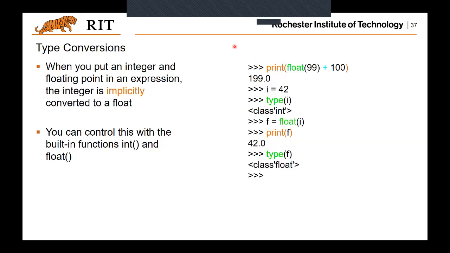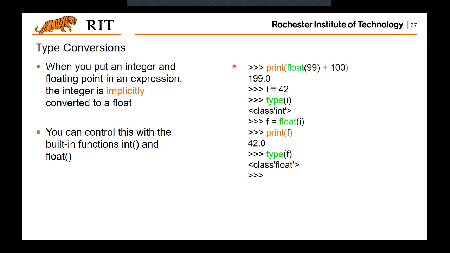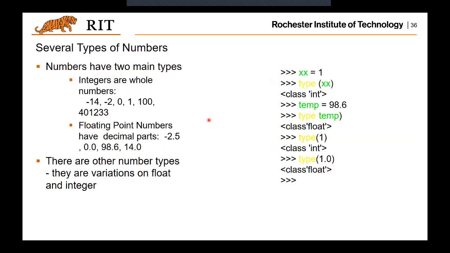Could you go over one more time what exactly float does? Like, what is float? Oh, float. You mean the float type, right? Yeah. The float type means the number has decimal parts. It's the so-called floating point numbers, which represent most of the numbers in a computer.